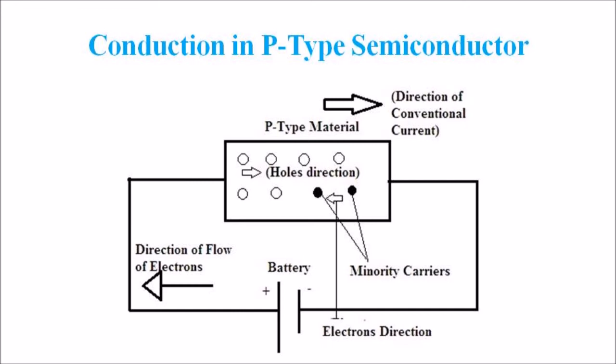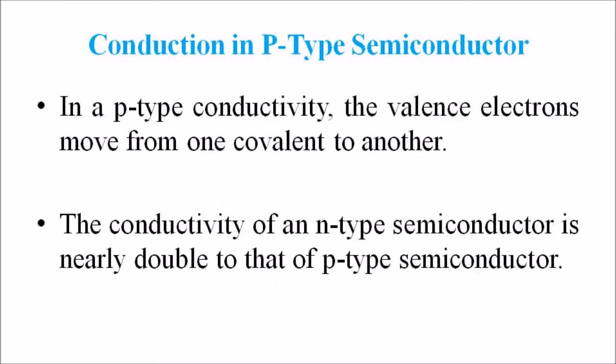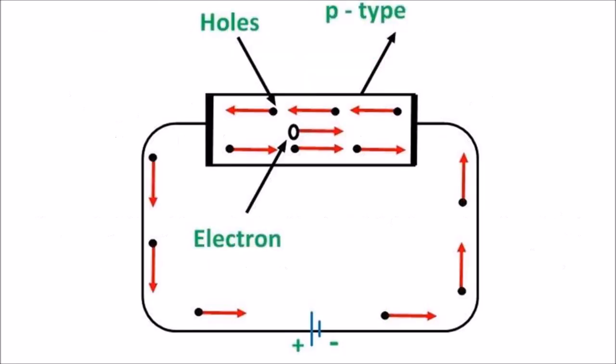These free electrons, which are available in minute quantity, also carry a little amount of current in the p-type semiconductor. Hence, the current in the p-type is because of the majority carriers in the valence band, and a little amount of current is in the conduction band because of the few electrons that are the minority carriers.